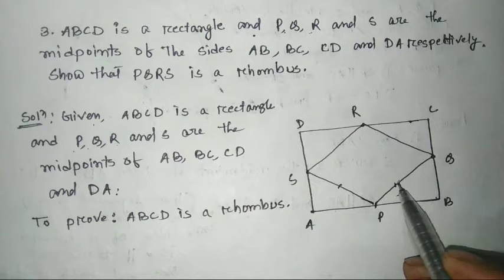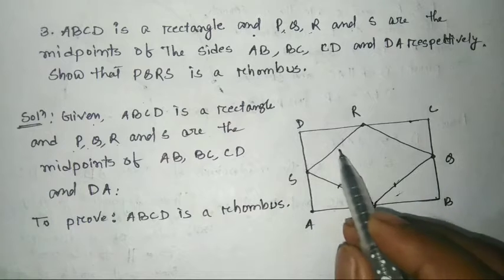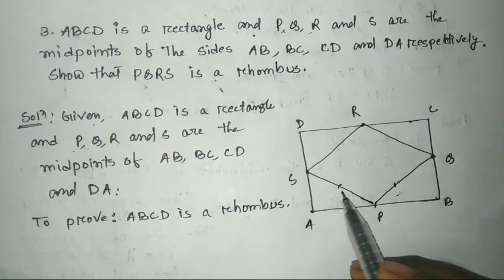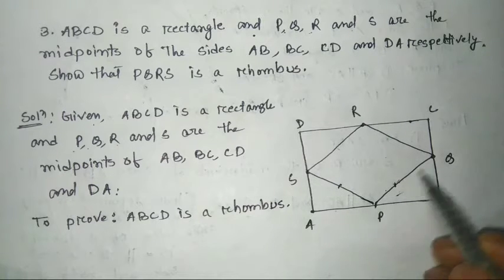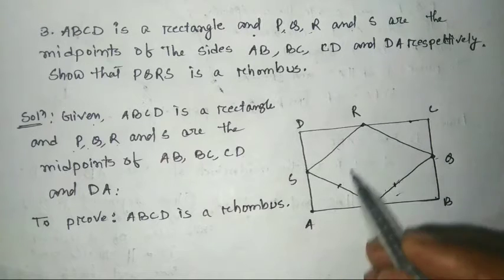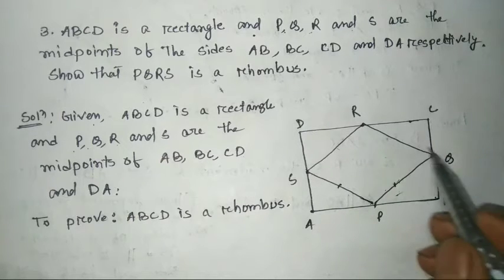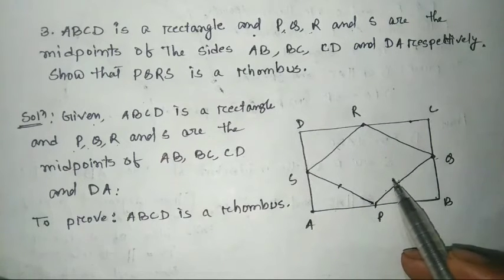Why? Because in a parallelogram opposite sides are equal, so PQ will be equal to SR. And when one pair of adjacent sides is equal, that means when PS and PQ are equal, then PQ is equal to SR, that means PS will be equal to SR, again PS is equal to RQ, then all the sides will become equal.